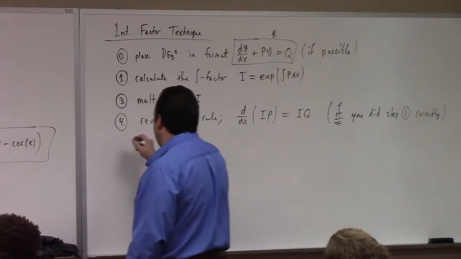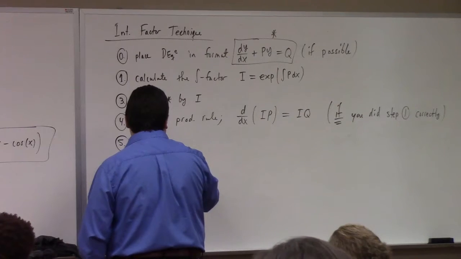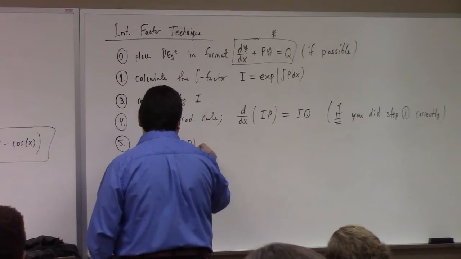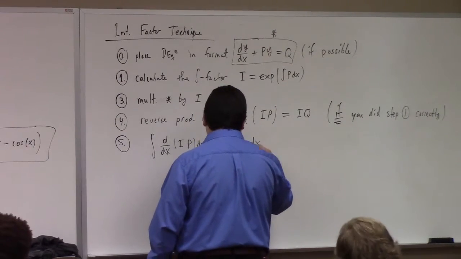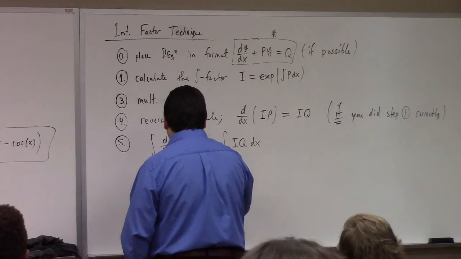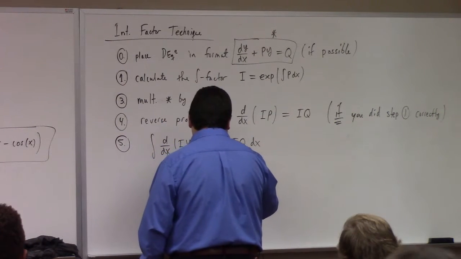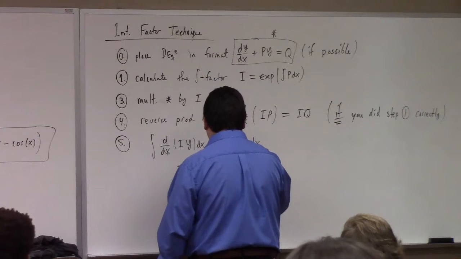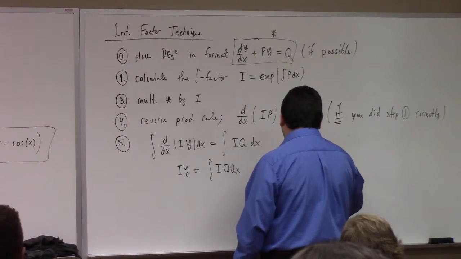And then step number 5 is just that the integral of d/dx of Iy dx is equal to the integral of IQ dx, right? Which tells us the integral of Iy is equal to the integral of IQ dx. So solve for y.